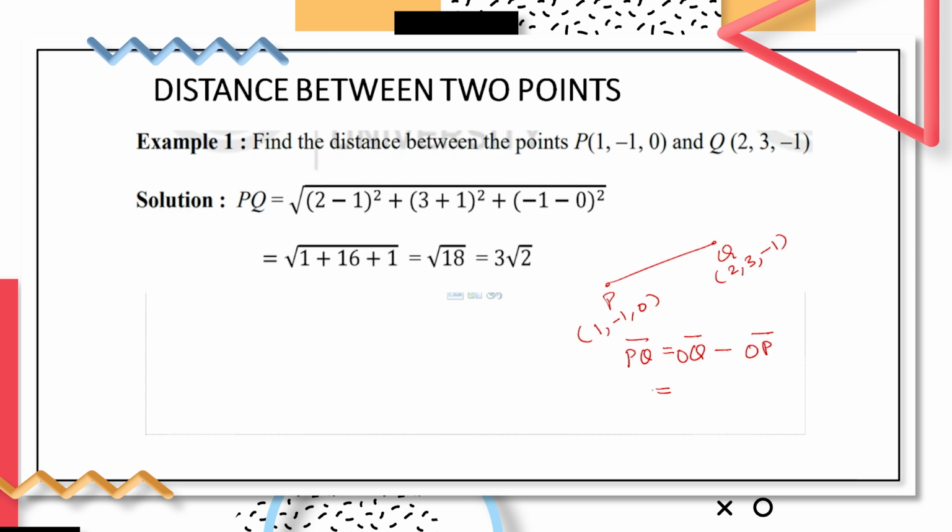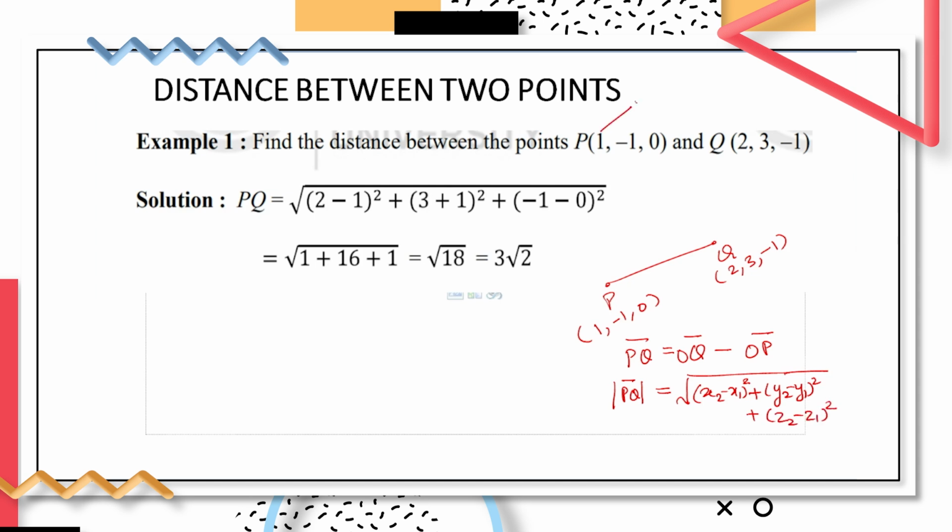So the magnitude of PQ vector will be given by the square root of x2 minus x1 whole square plus y2 minus y1 whole square plus z2 minus z1 whole square.